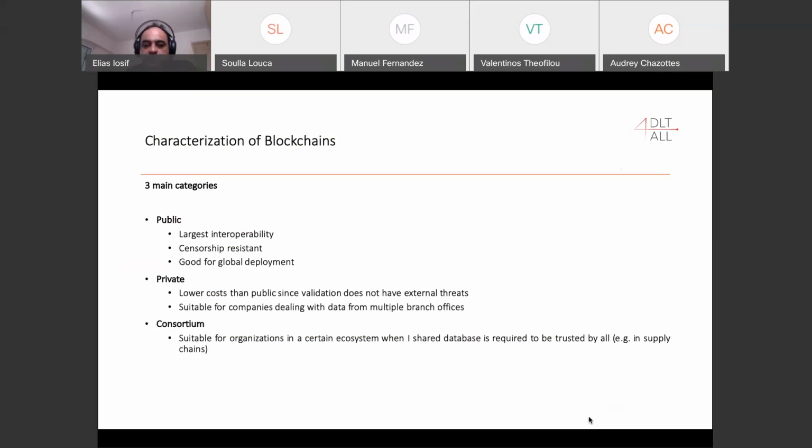Of course, those organizations should be trusted by all, and the supply chain use case is a great example. So these are the basic definitions, and I would like to ask if there is any question regarding those categories.